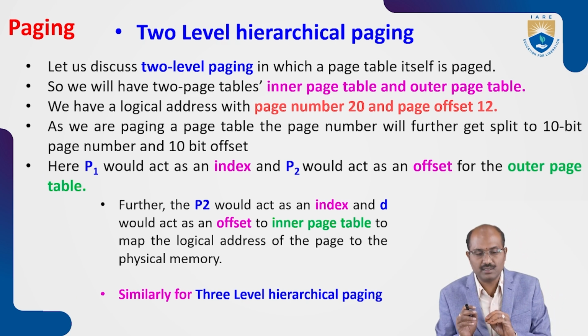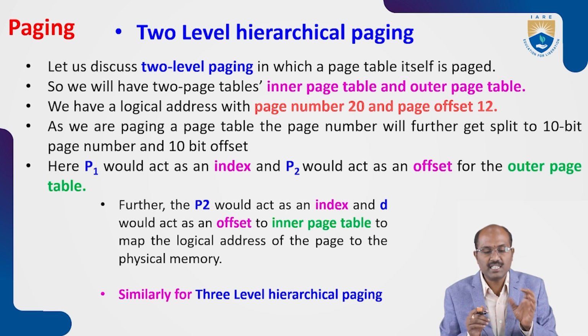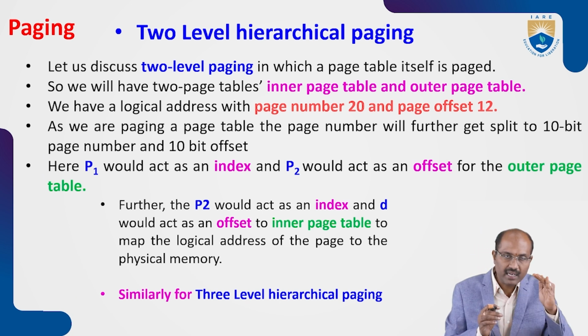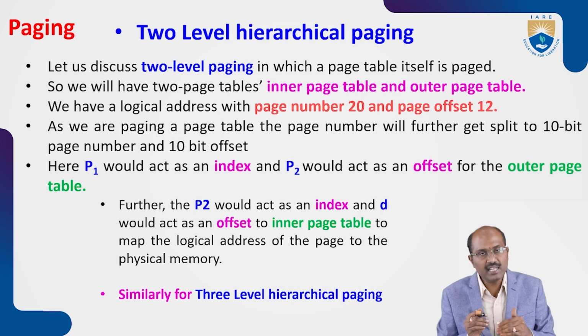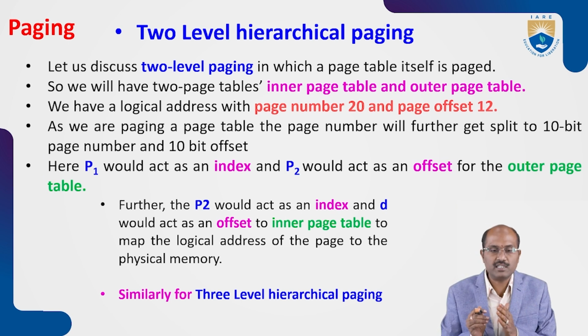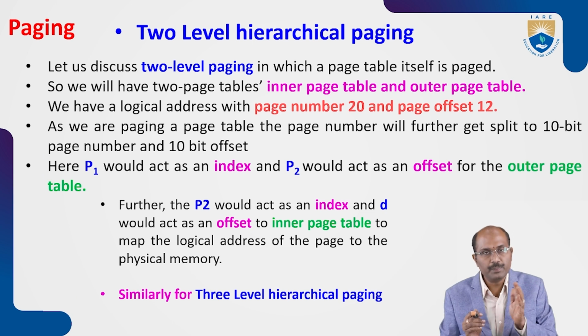The inner page table maps the logical address of the page to the physical memory. This is the way of the hierarchical page table, the two-level page table. Similarly, a three-level hierarchy has P1, P2, P3 and offset.